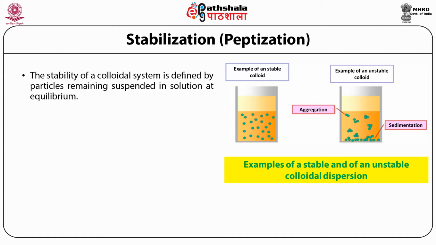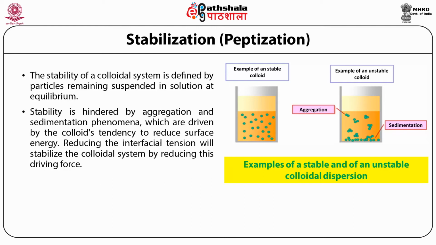This figure shows the schematic representation of stable and unstable colloids. The stabilization is hindered by aggregation and sedimentation phenomena, which are driven by the colloid's tendency to reduce the surface energy, reducing interfacial tension while stabilizing the colloidal systems by reducing this driving force.